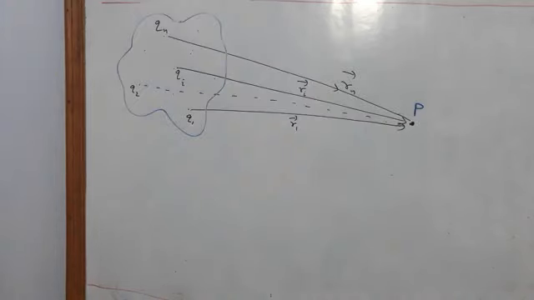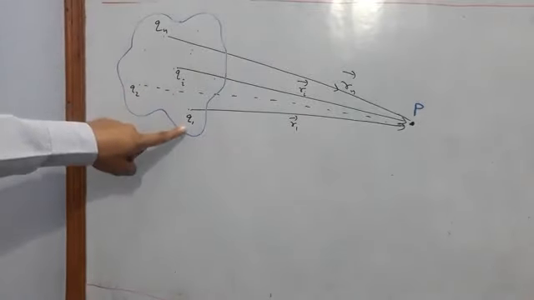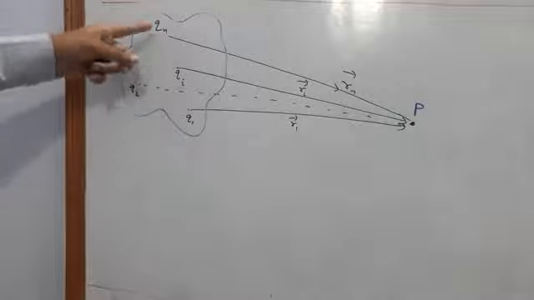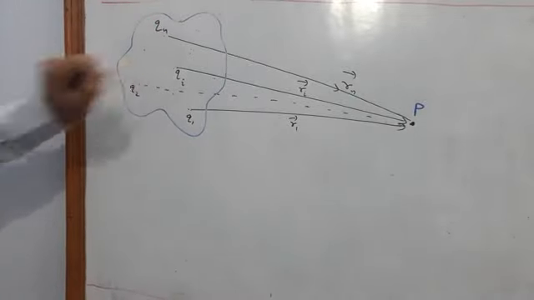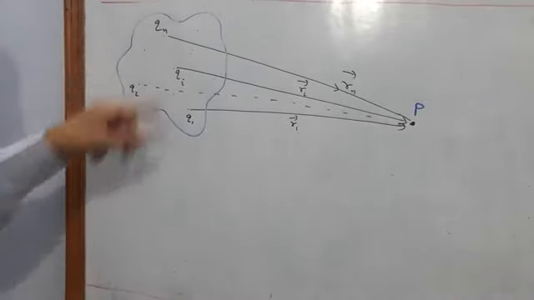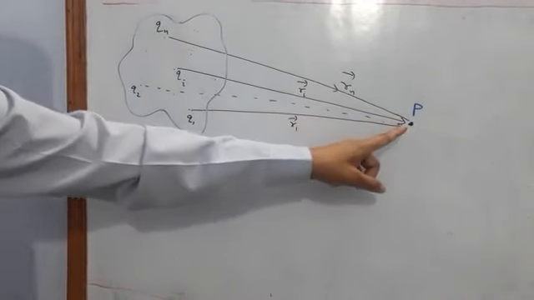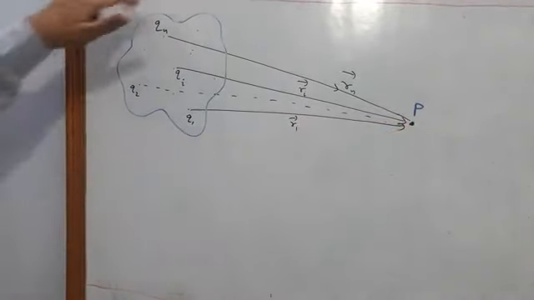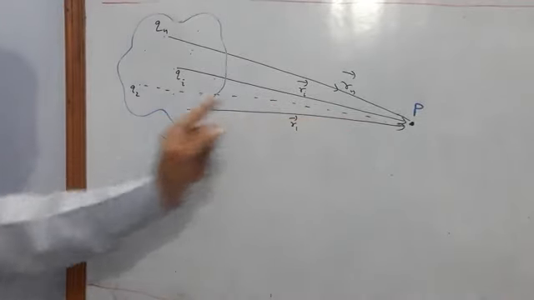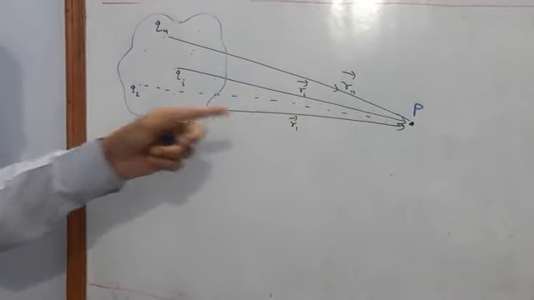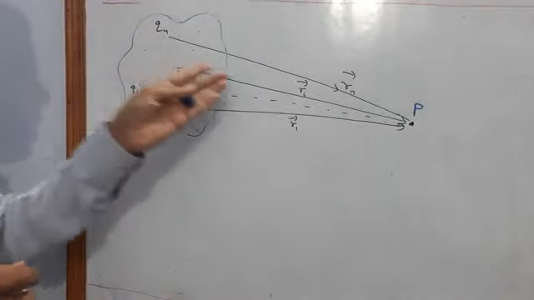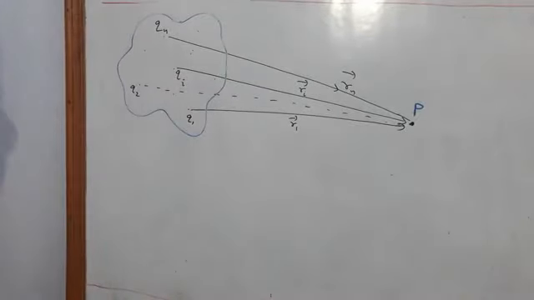Let's see. As you can see, here I have a configuration of charges Q1, Q2, Q3, Q4 up till Qn. This is the ith charge Qi. We wish to find the electric field due to this configuration at some point, say P. Now the position vector of P from different charges are R1 vector from Q1, R2 vector likewise from Q2 and so on, Ri vector from Qi and Rn vector from Qn.